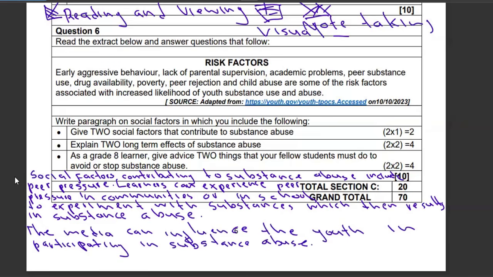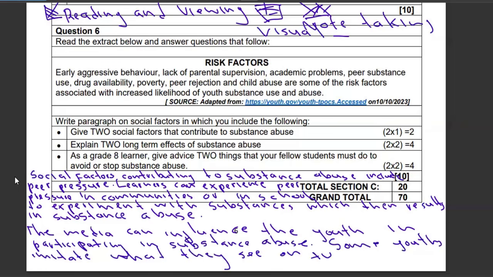Some youths imitate what they see on TV, social media, etc. They imitate what they see on TV and social media, then they will end up becoming addicted to substances.